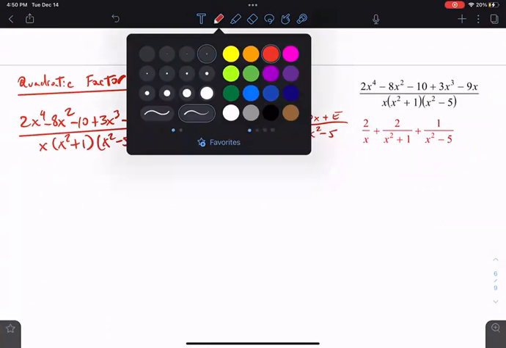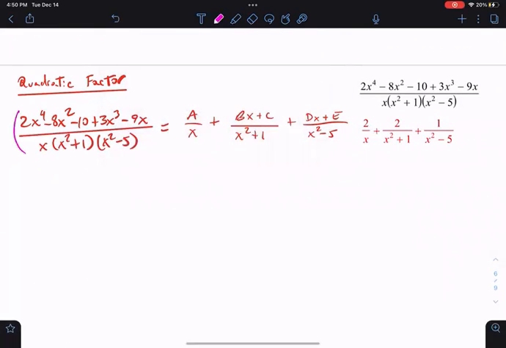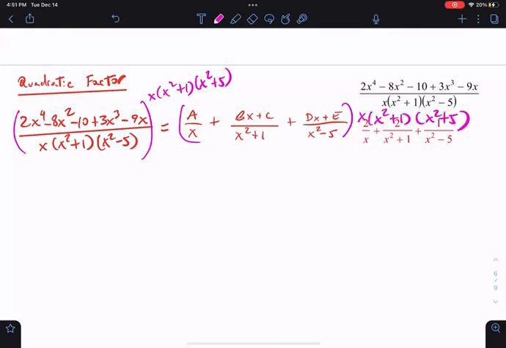The factor forms, right? Which is this thing, x squared plus 1, x squared plus 5 on the left side, and on the right side we do the same. Right? This cancels out with this, so you get 2x squared minus ax squared minus 10 plus 3x cubed minus 9x, and here we have all this stuff, right?